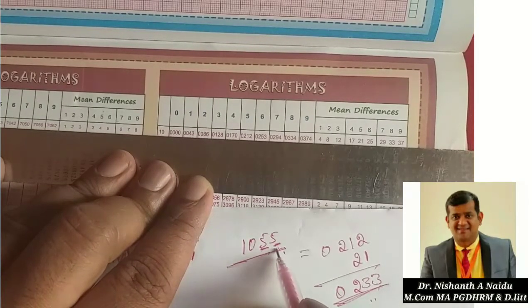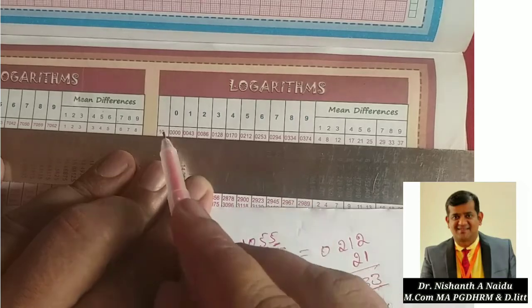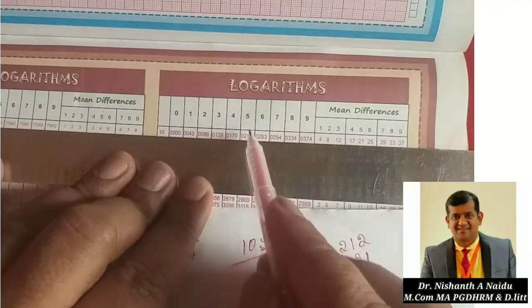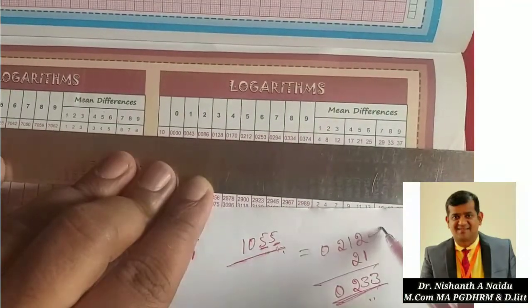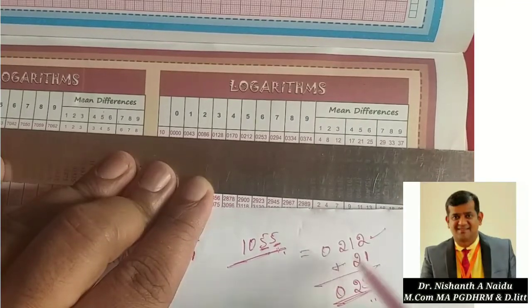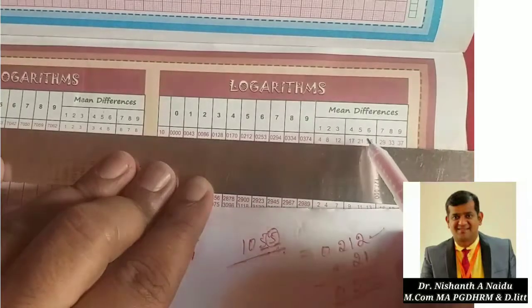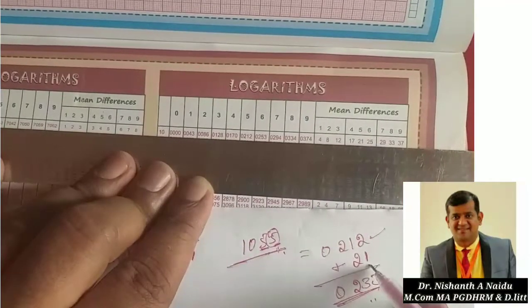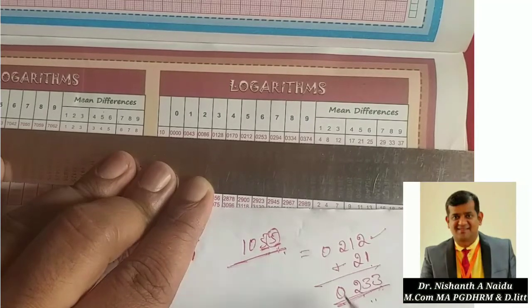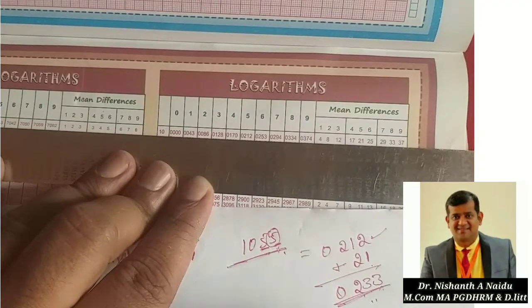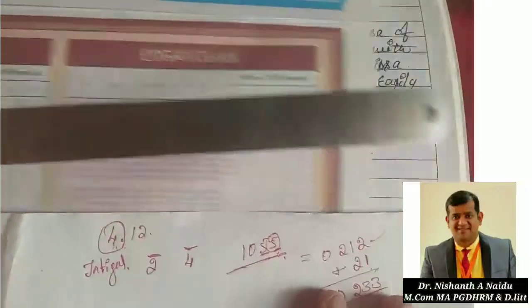So for 1055, you have to find the answer. 10th row, 5th column, 0, 2, 1, 2 I have copied, plus the other 5 that is left out, which you take from the mean difference, 21. So 2 plus 1, 3, 1 plus 2, 3, 2, 2. So 0, 2, 3, 3. Clear? Let me check what I have written.